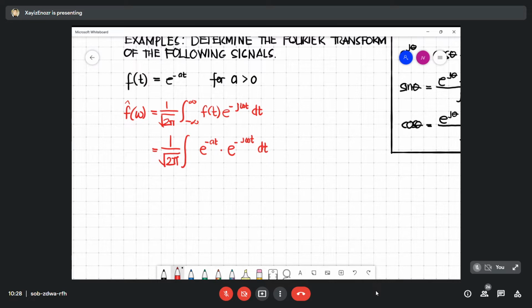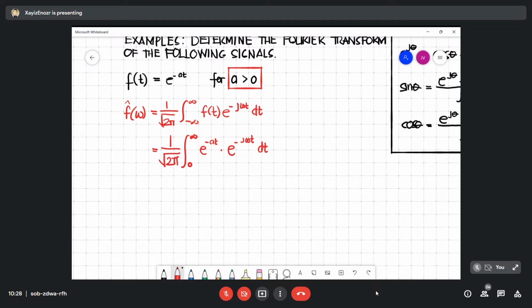So nagbigay siyang condition for a is greater than 0. So ito yung condition. Therefore, ang kukunin mong limit for integrals is magsisimula ka sa 0 daw, then up to the positive infinity. Kasi kukunin mo lang is yung transformation where a is greater than 0. Ibig sabihin, lahat ng number na greater than 0. So that is from 0 to positive infinity.